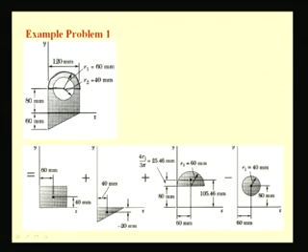Let us take this triangular lamina. We know that the centroid is located at a distance of 1/3 of the height. In this case the height is 60 mm, so it is located 20 mm below the x axis.